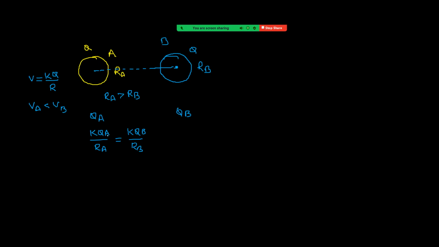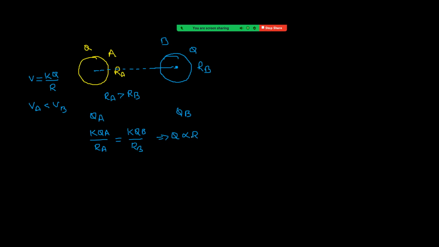Here charge is proportional to radius, right? QA by RA equal to QB by RB. That means Q is proportional to R. If R is more, it has more charge. That means QA is greater than QB. So option B is correct.